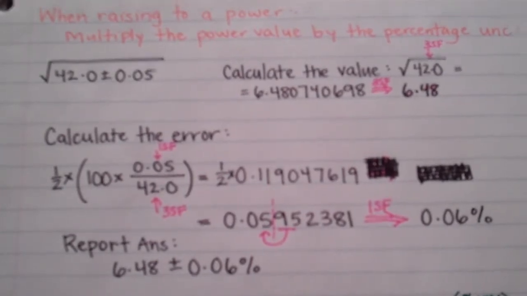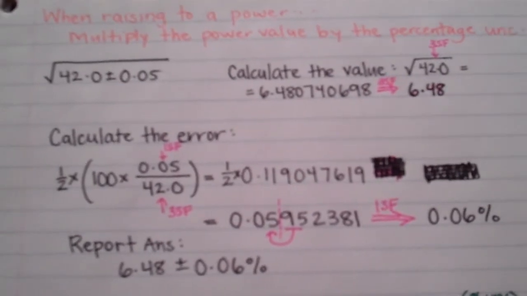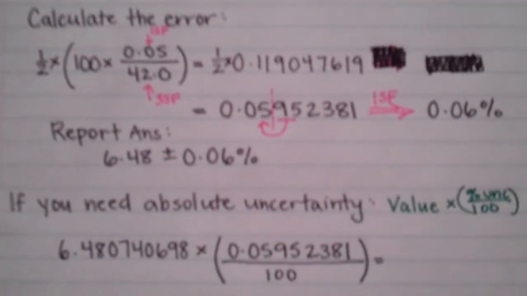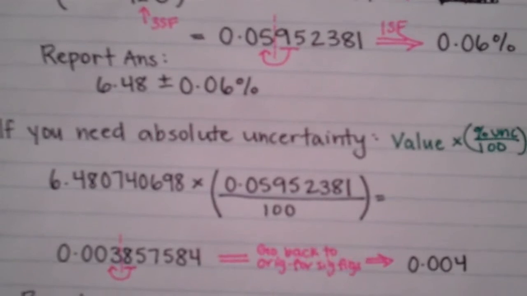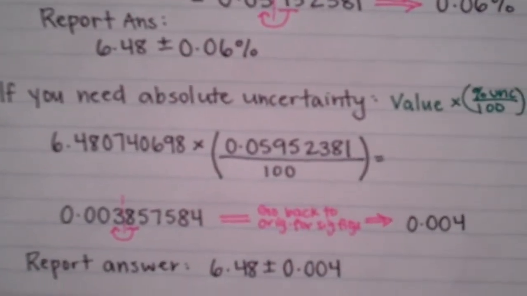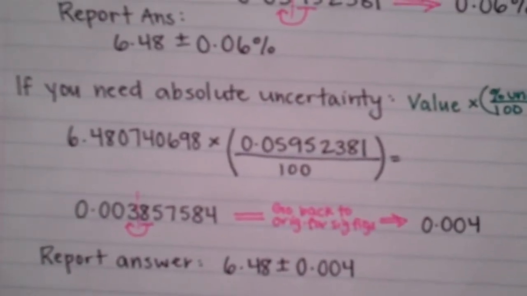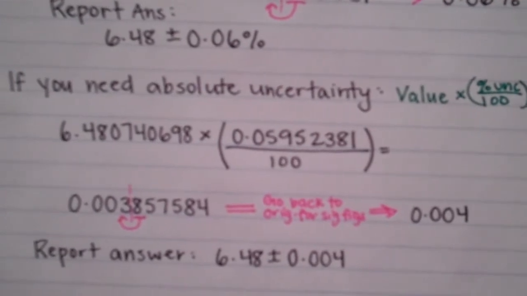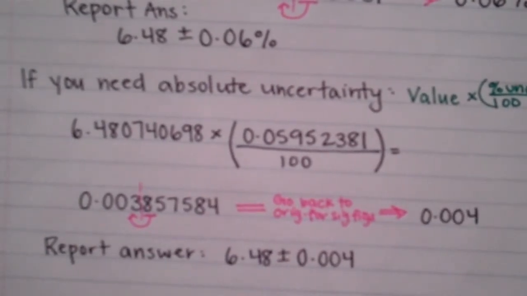Now, the problem didn't call for it. However, it's good practice for us to also calculate the absolute uncertainty, which I need my percentage uncertainty to determine for these. And I'm going to do my value times my percentage uncertainty that I just calculated divided by 100. And I'm going to use my pre-rounded values because if I use my rounded values, I might get round-off errors, especially if I do more and more calculations.